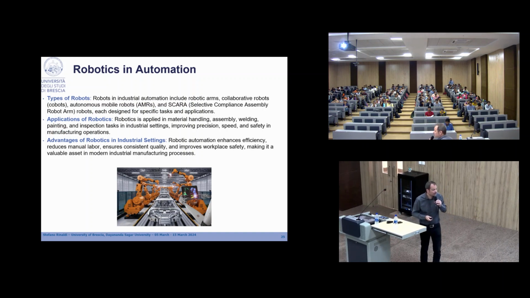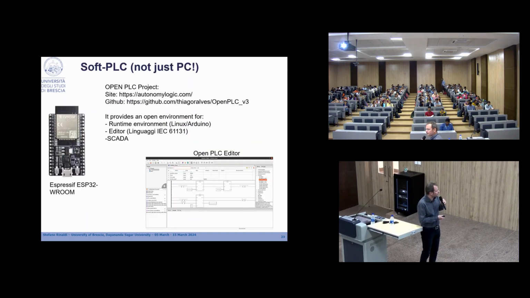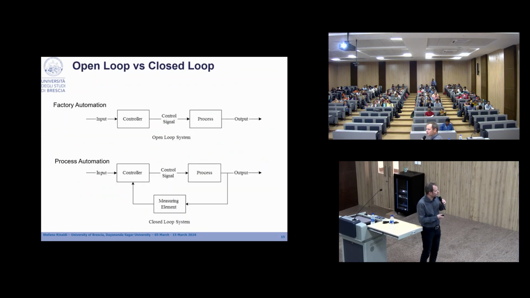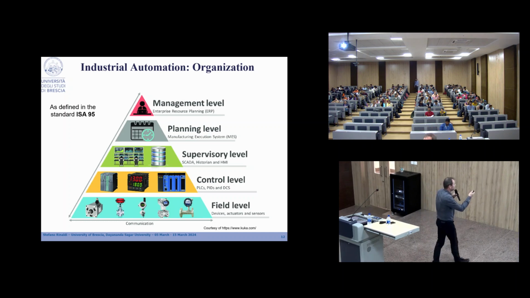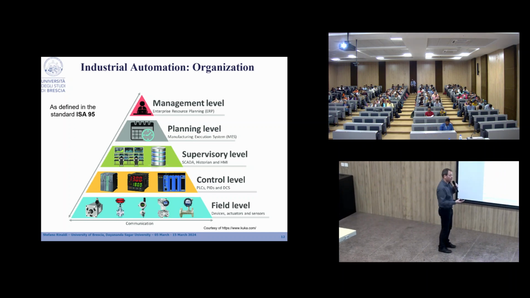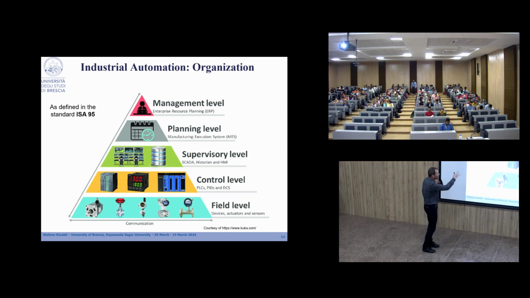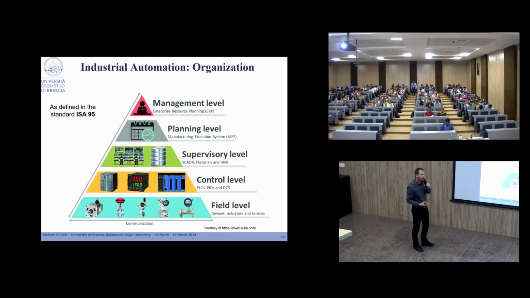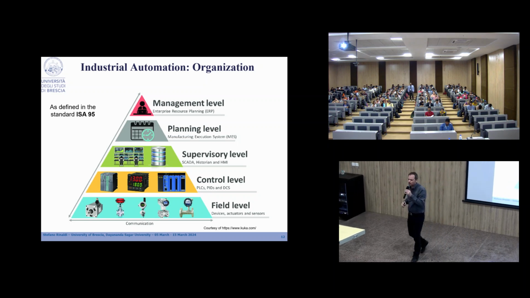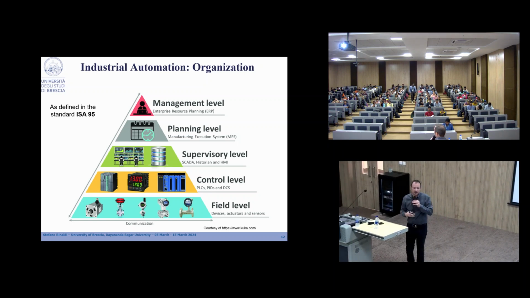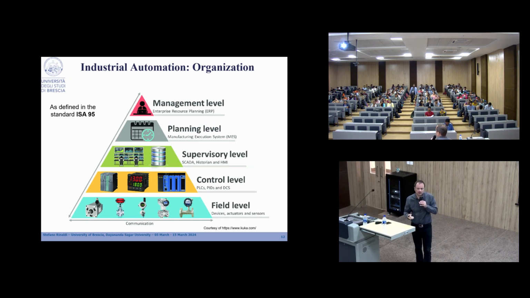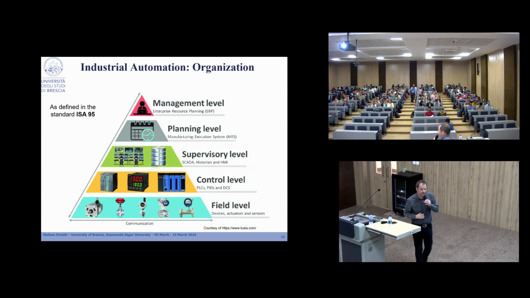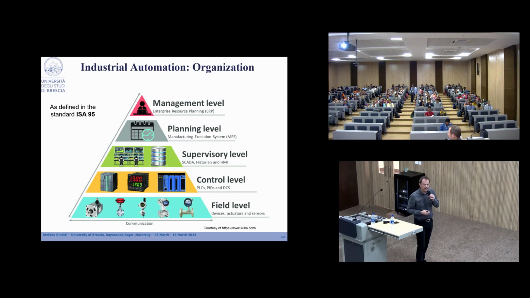So in this organization of the industrial plants I showed you, I never mention the robots because the robots are seen from the point of view of industrial automation as a separate device that somehow interacts at the field level with the control level, but is not controlled by the main controller of the plants.